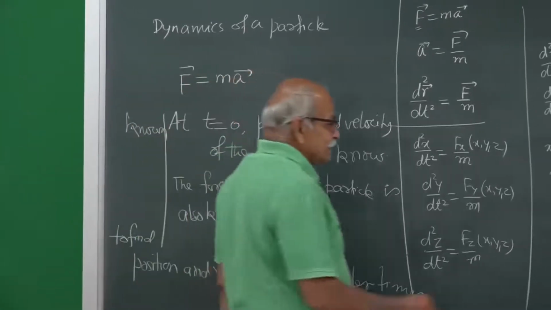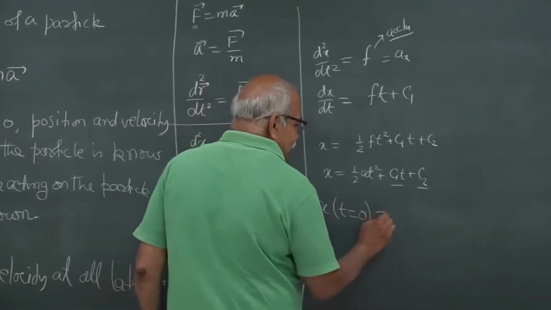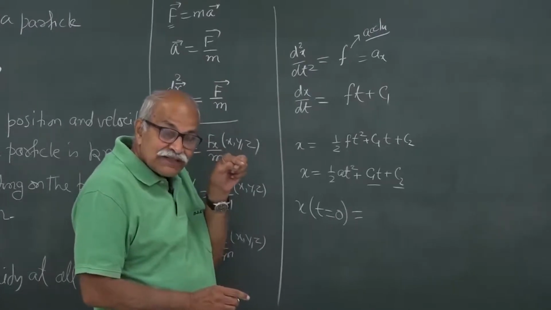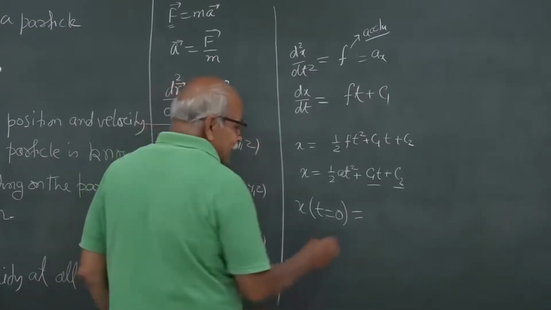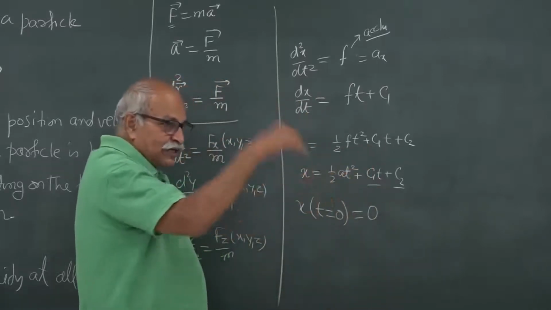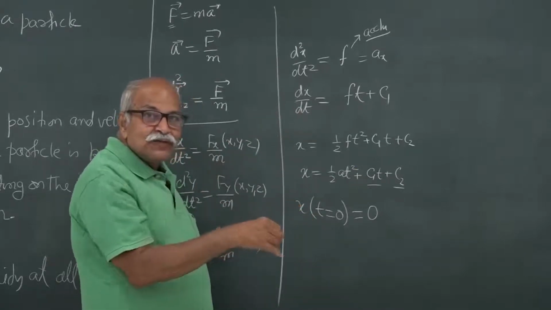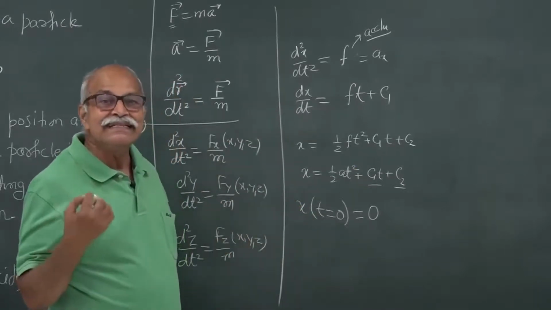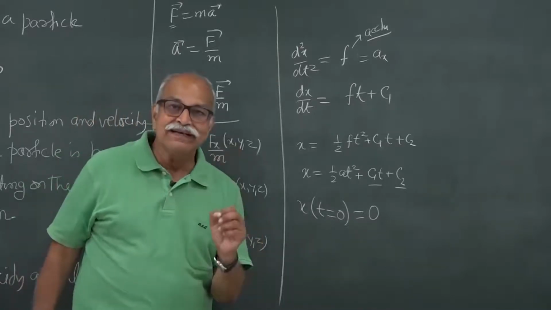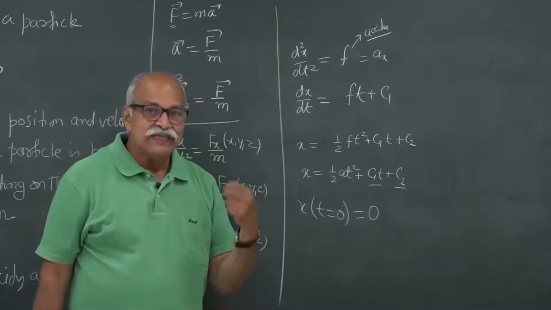So, x at time t equal to 0 is known. I can call this position x equal to 0. Okay. So, that is a standard way. If you say that this position I have chosen to be the origin, so here x is equal to 0, y equal to 0 and z is equal to 0. Just as you can choose a particular instant as t equal to 0, you can choose a particular space point as the origin, x equal to 0, y equal to 0, z equal to 0.